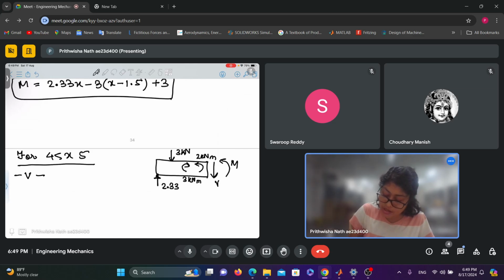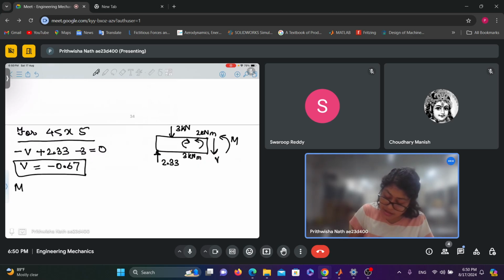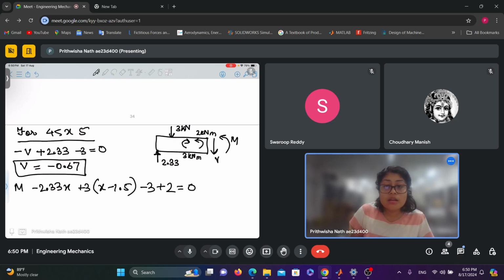So minus V plus 2.33 minus 3 equals 0. So V equals minus 0.67, and M is minus 2.33x plus 3 into (x minus 1.5) minus 3 plus 2 equals 0. This is plus 2 because it is causing an anti-clockwise moment, right? And 3 is causing a clockwise moment. Did you understand this?